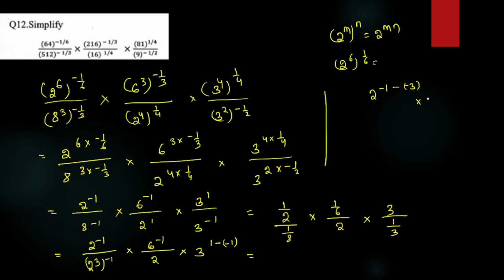So 6 to the power minus 1 means 1 by 6, into 2, because the denominator is 2, so 1 by 6 into 2 into 3 to the power 1 plus 1, that is 2. That is 2 to the power minus 1 plus 3, that is plus 2, into 1 by 12 into 3 square, that is 9. So 4 into 1 by 12 into 9, 4 threes are 12, 3 threes are 9, so answer is 3.